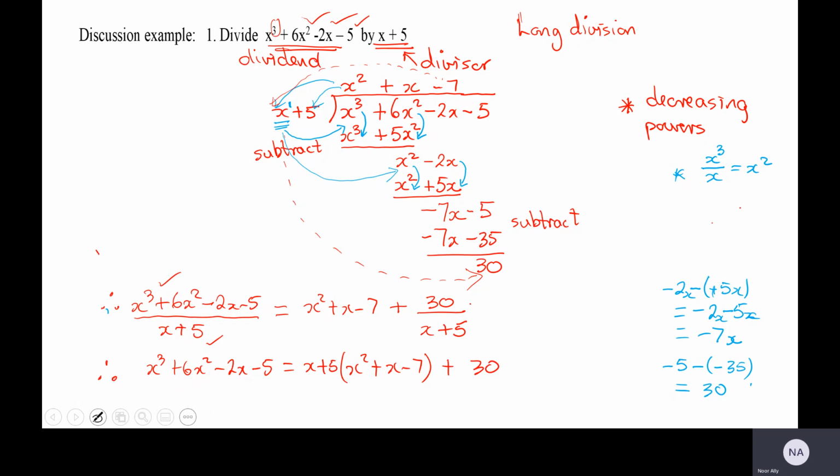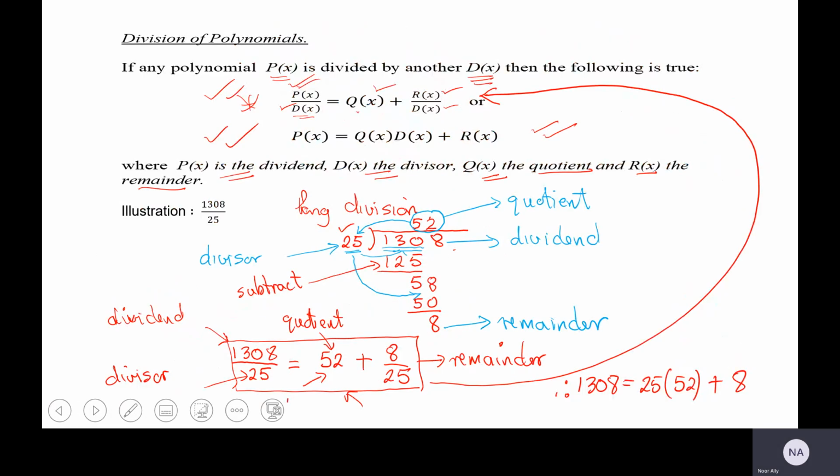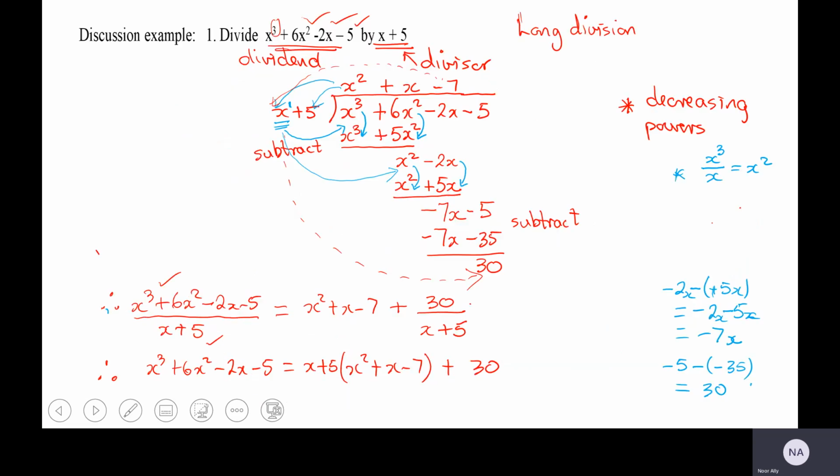So if we just go back, there we have the two forms that I was indicating, this one and that one, the p of x. In our case, that is the p of x, that x plus 5 is your divisor, that is your quotient, and that is your remainder.